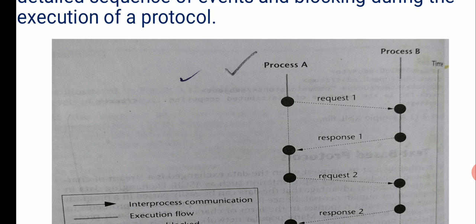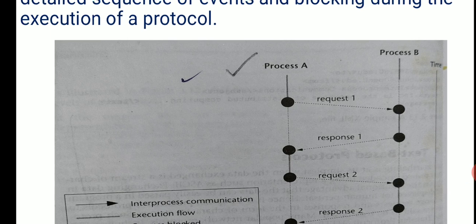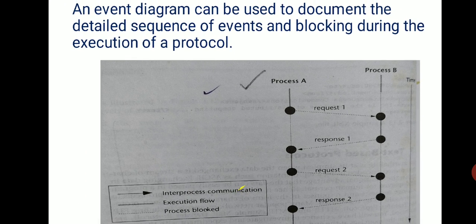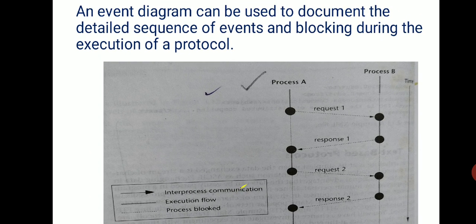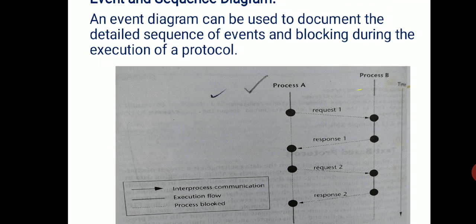So process B then issues a blocking receive for request 2 from process A. The arrival of response 1 unblocks process A, which resumes execution to work on the response, and it issues request 2, which unblocks process B, and a similar sequence of events follows.